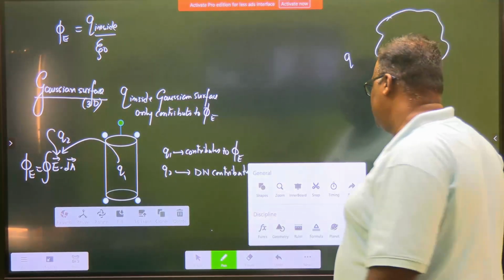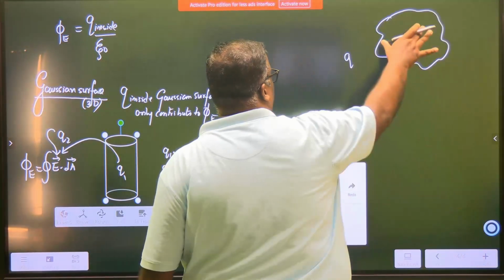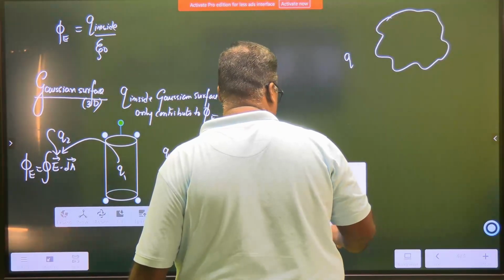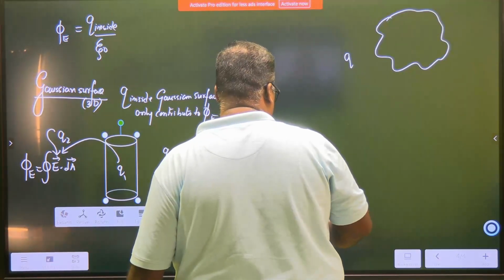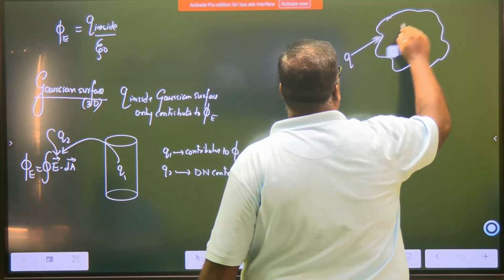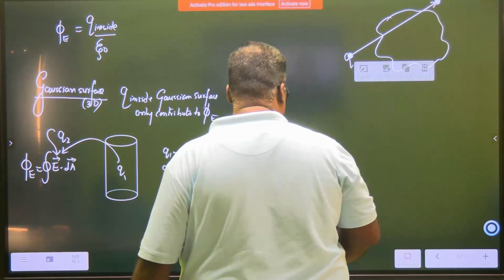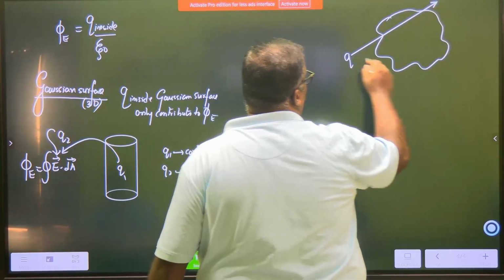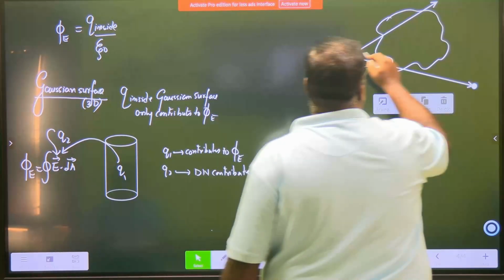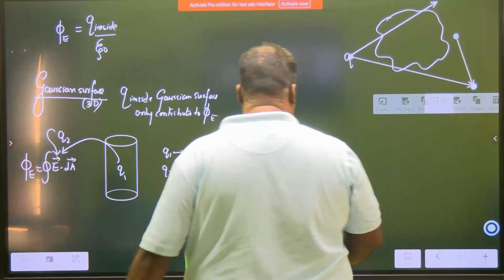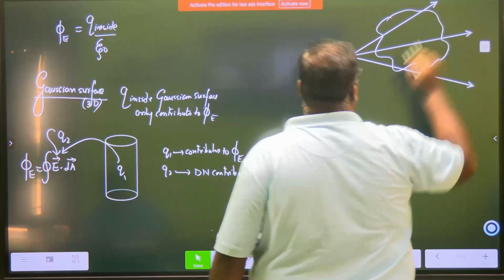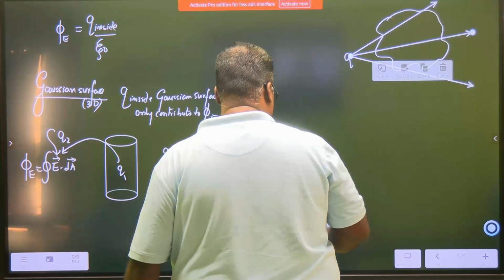Suppose this surface does not enclose any charge. Then what happens? From this Q, don't you think there will be electric field lines radially going outside in all directions? I am only worried about how many field lines are coming through my particular patch.